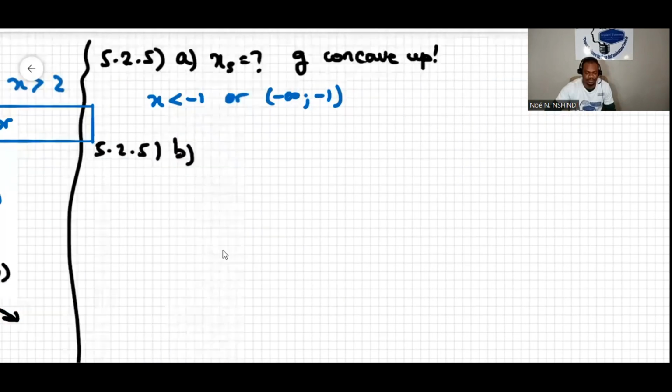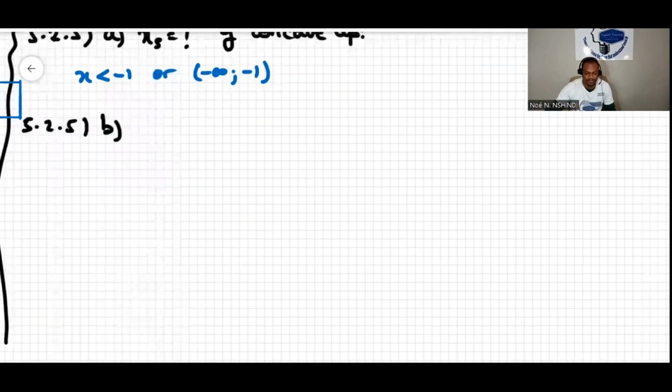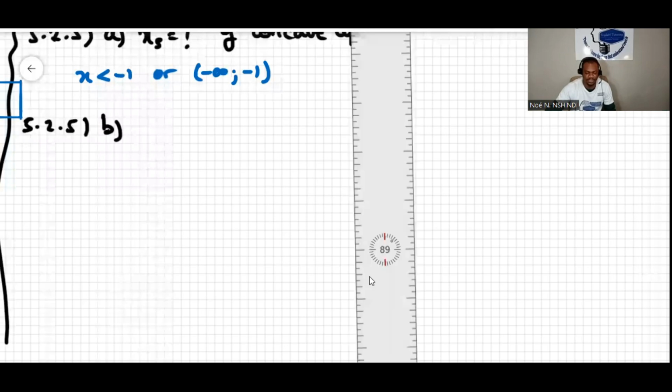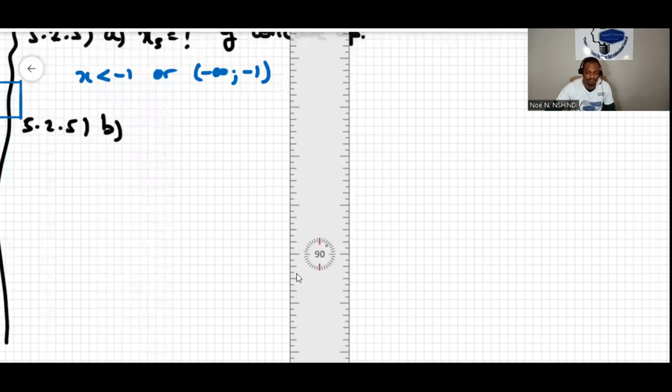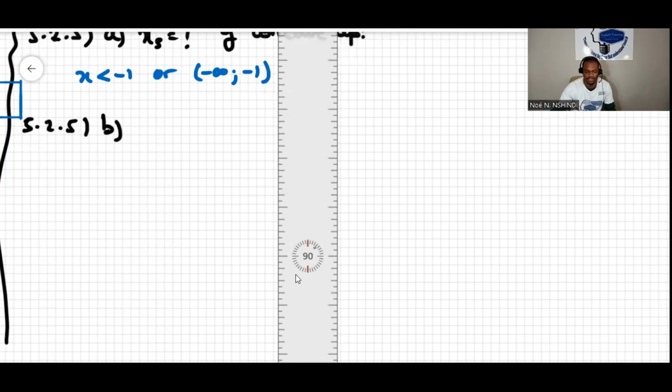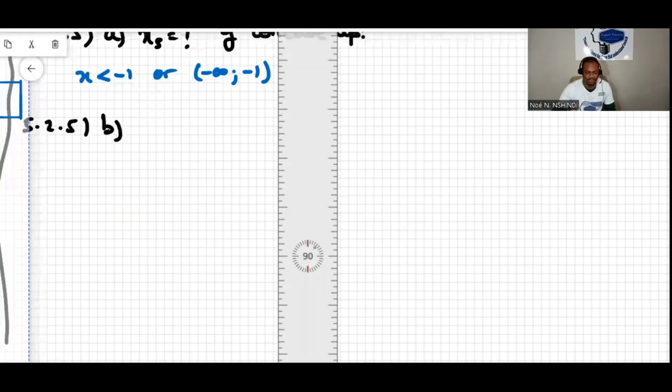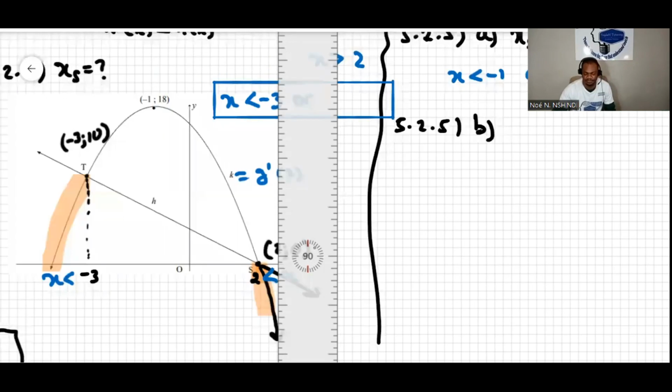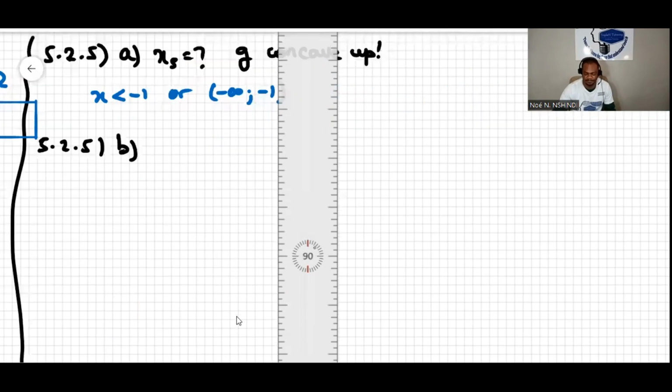I'm gonna use my Cartesian plane. I take my ruler, and then I'm gonna draw this.